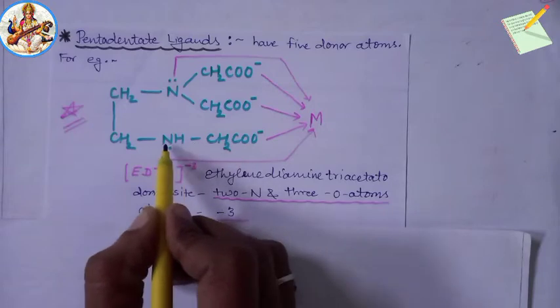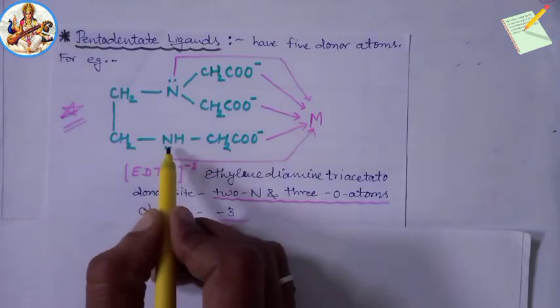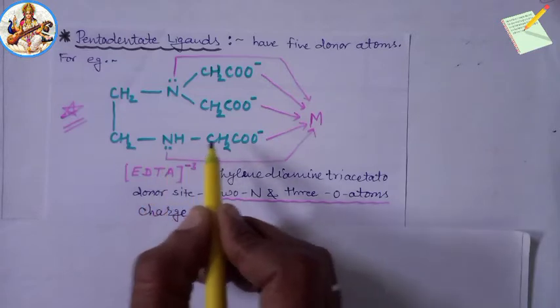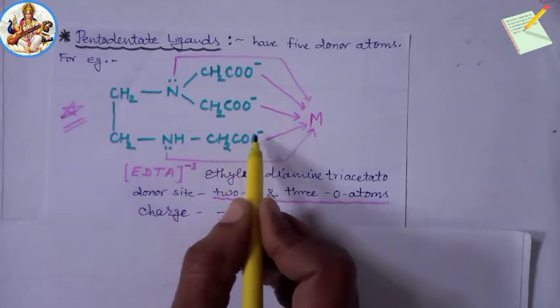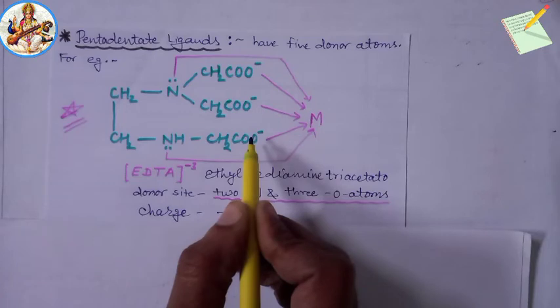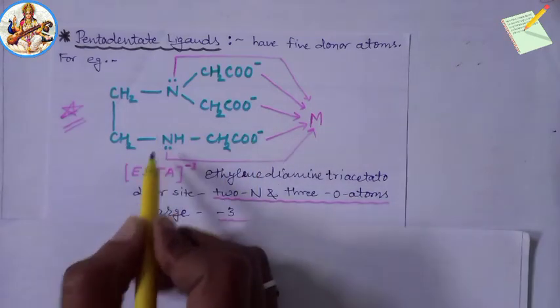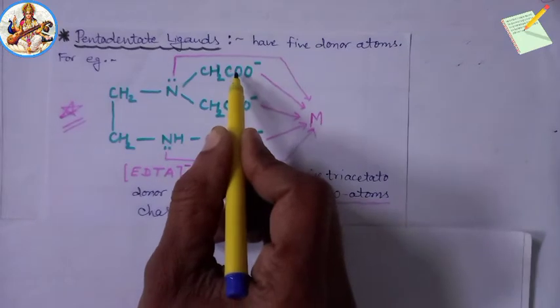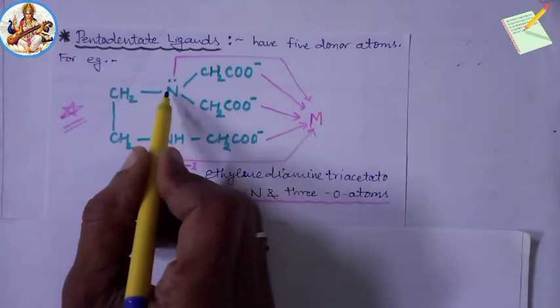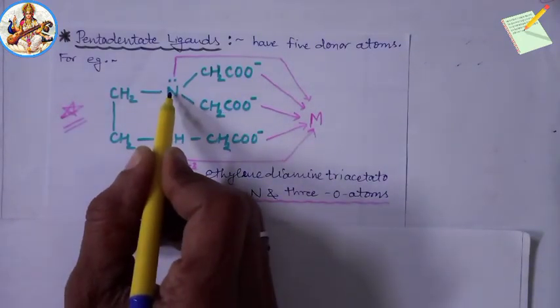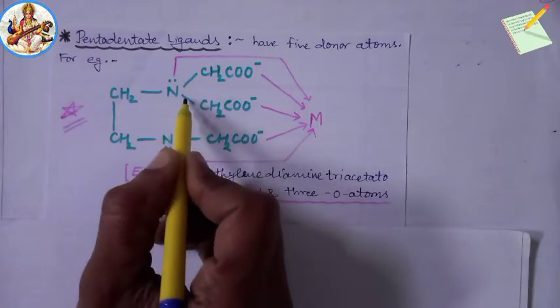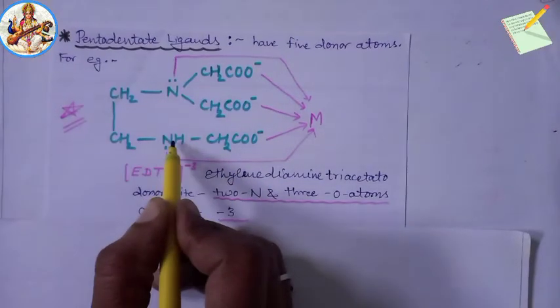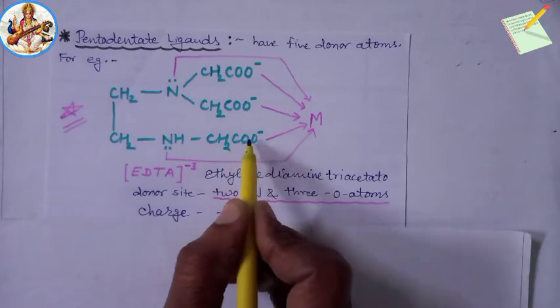Similarly, from the other nitrogen atom of en, one hydrogen is replaced by CH2COO minus. Thus, the molecular formula of EDTA 3- is CH2COO, CH2COO attached with one nitrogen atom with single bond, CH2 CH2 NH CH2COO minus.